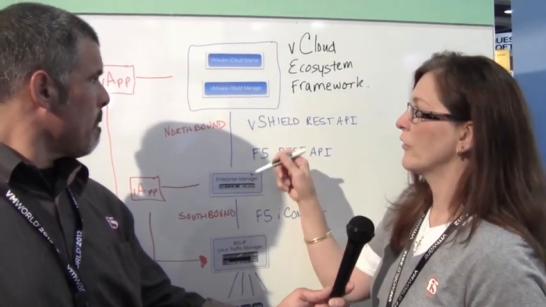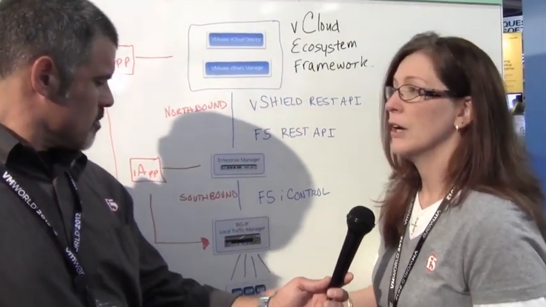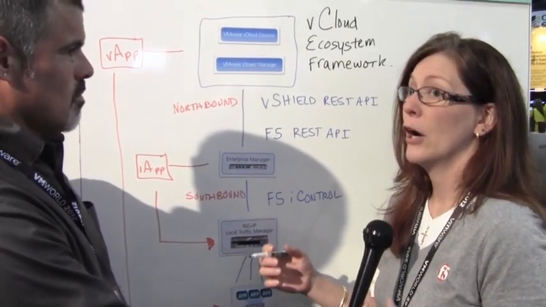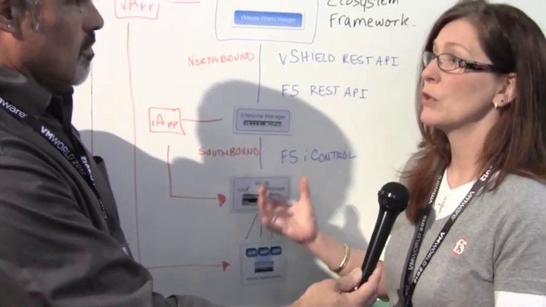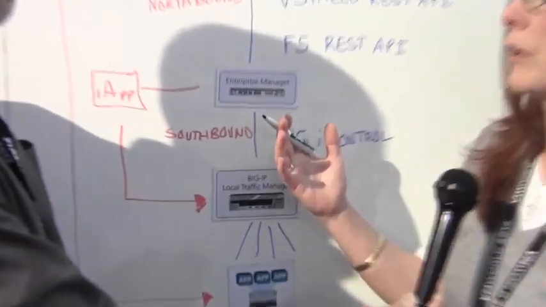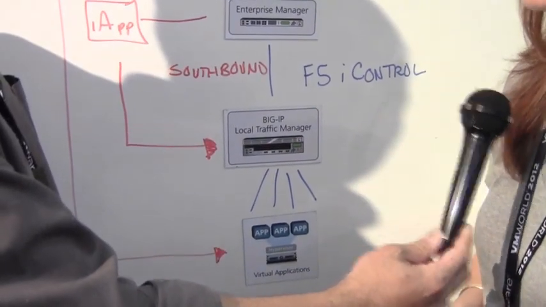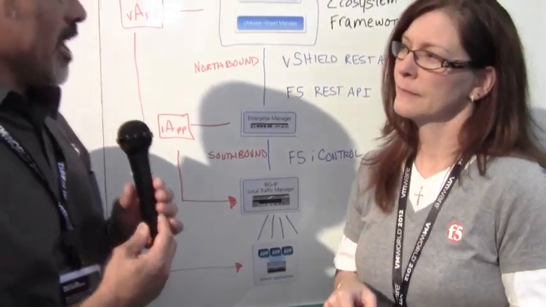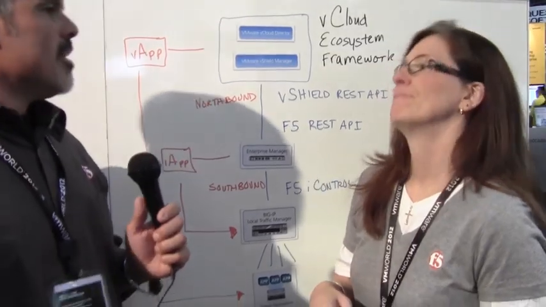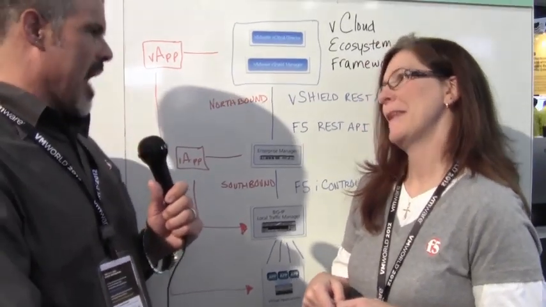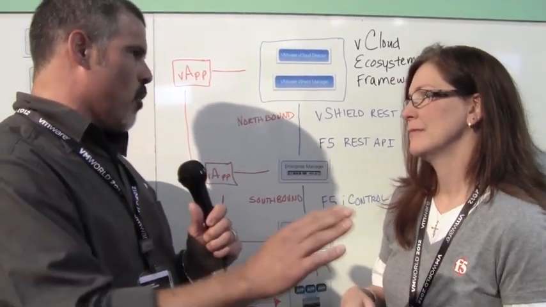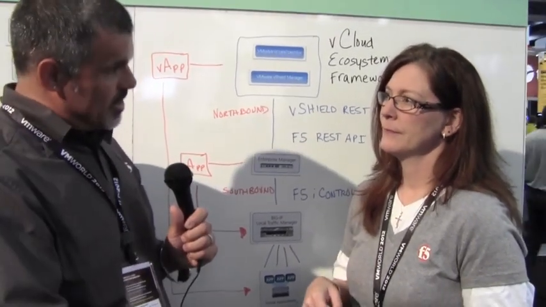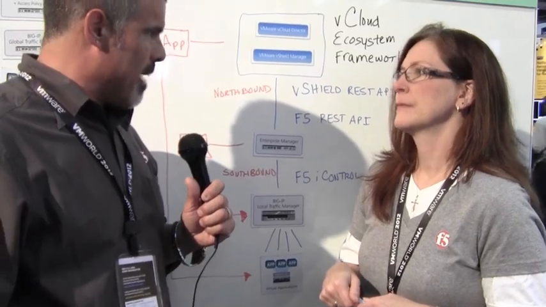In the meantime, we're also sharing information about the health of the applications to make sure that vCloud Director is aware of particular instances that might be up or down, and so it can react appropriately and then inform us how to react. Yeah, and I was thinking about provisioning, but then it'll also be able to bring it down, pull it back up again. If one of the virtual servers goes down, we'll be able to realize that and spin up another one automatically.